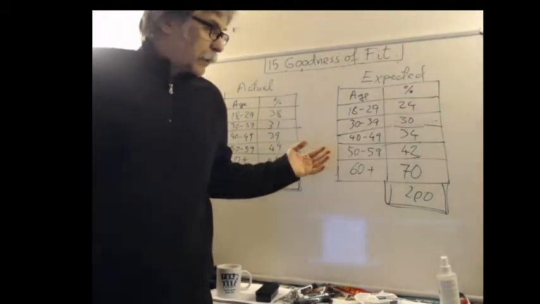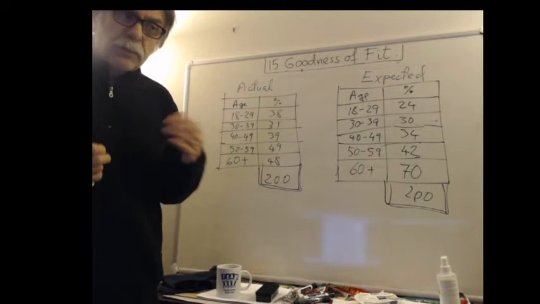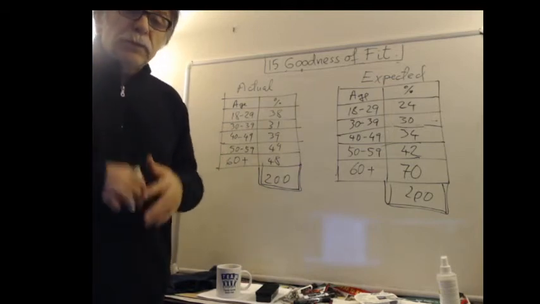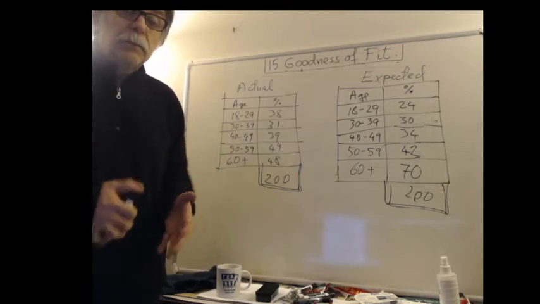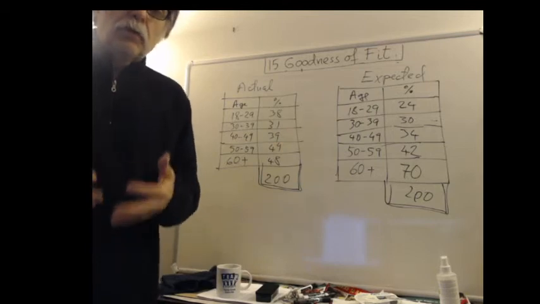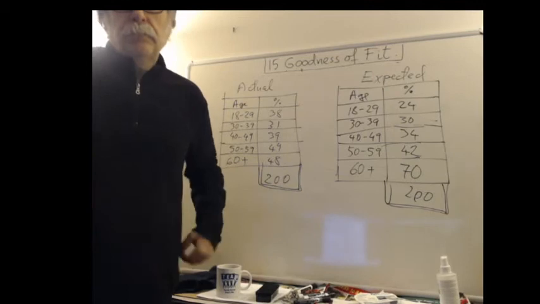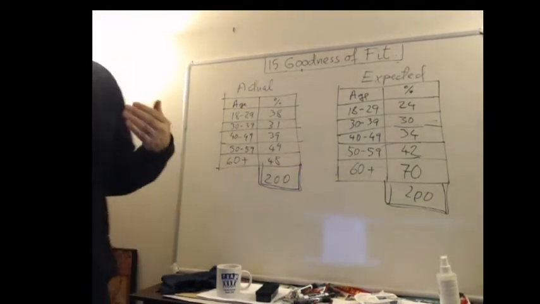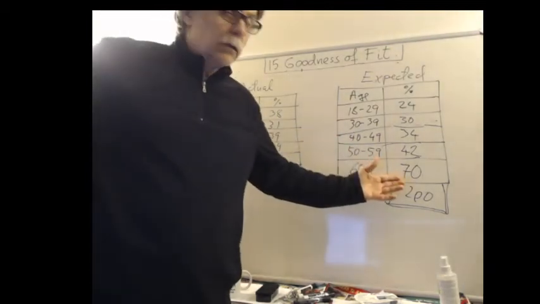If I have likely voters from the age group of 60 years or older, there will be 35% of the voters in that age group. So when you're looking at the people that are actually voting, 35% of those that are voting would be in the age group of 60 or older. Which means if I have a sample of 200, I should have 70 of them. 35% out of 200 is 70. So I should have 70 in my sample.